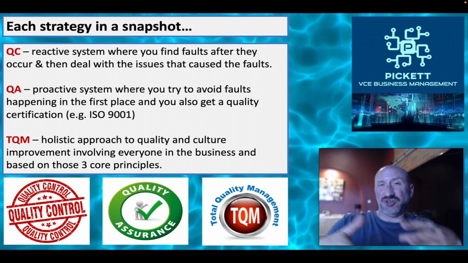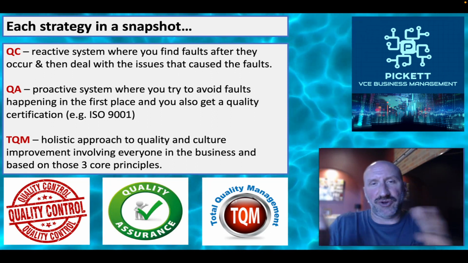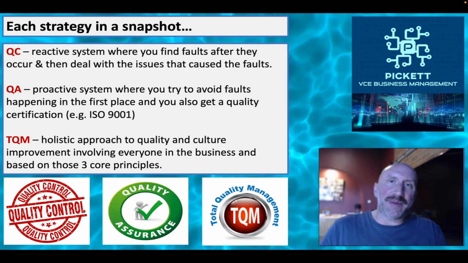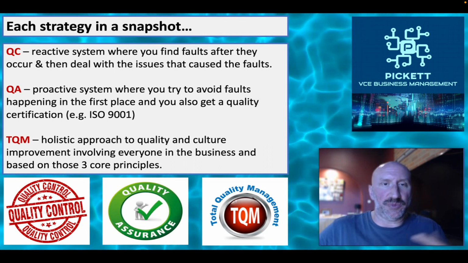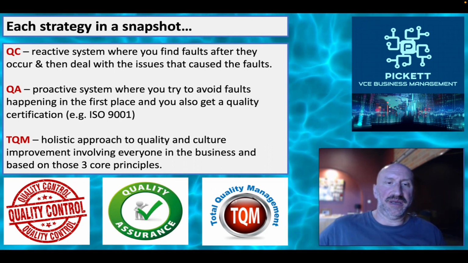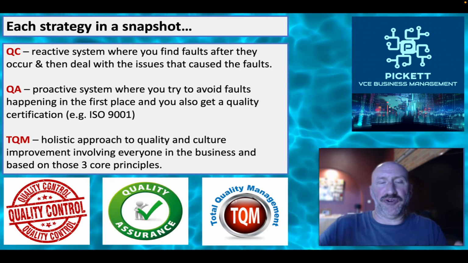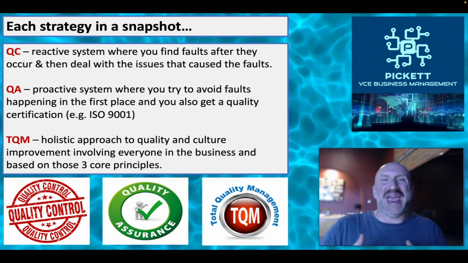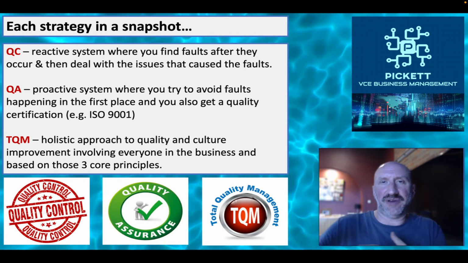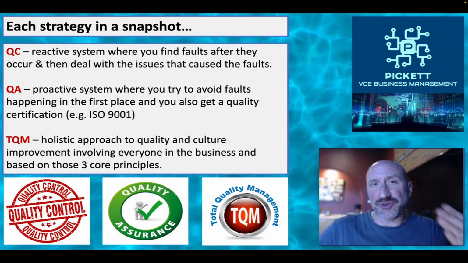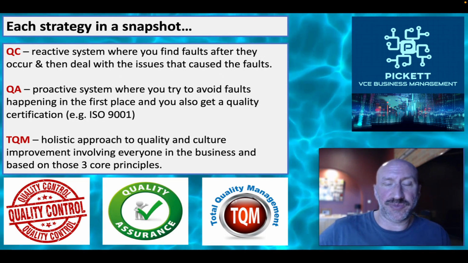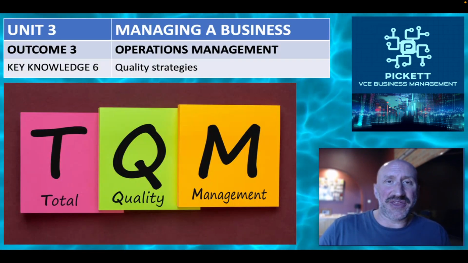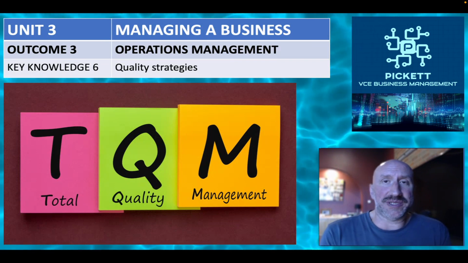Again, focused on production or operations, though it might touch on other parts of the business. TQM, the first and only strategy that we look at, is a holistic approach to quality. Culture improvement: a culture of everybody working to improve the quality of what they do, based on those three core principles. So that is it for quality.